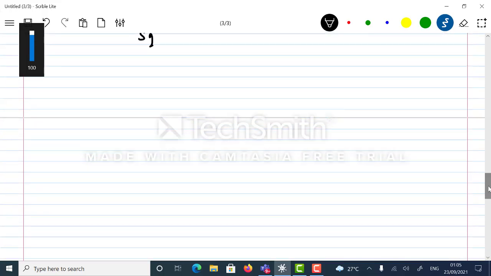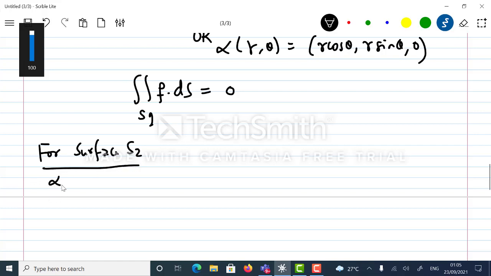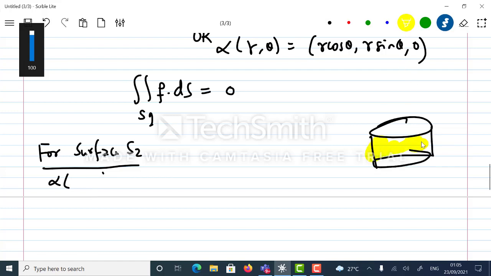Now for surface S2, so that's the round part of the cylinder. So alpha r comma theta I can use. No, r is now on the round part. You can see that the radius is constant. So here my radius is constant. Only z is moving and theta is moving. So it is theta comma z.